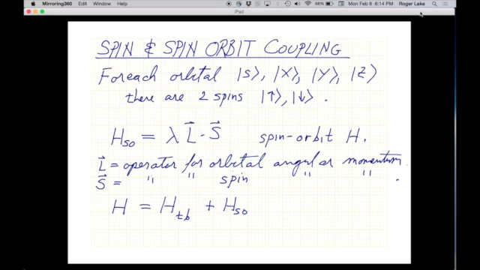You know, what's the physics behind spin-orbit coupling? Sort of the cartoon physics is this. You've got your electron, and in this solar system picture of an atom, your electron has some angular momentum. You can think of it as going around in a circle around the nucleus. So if we say this is the velocity, here's our little electron.